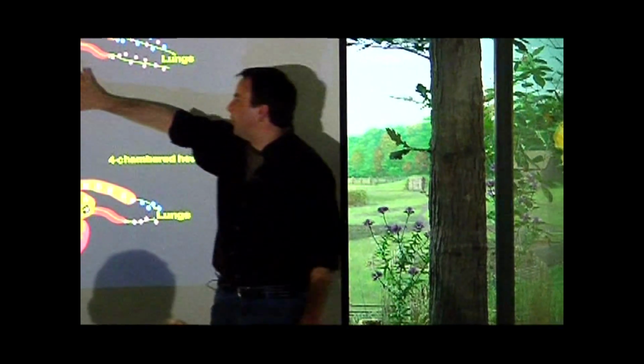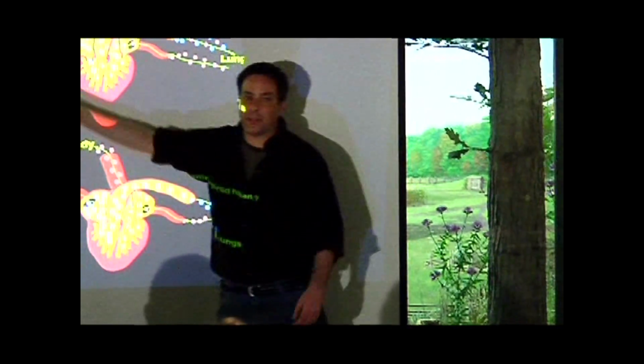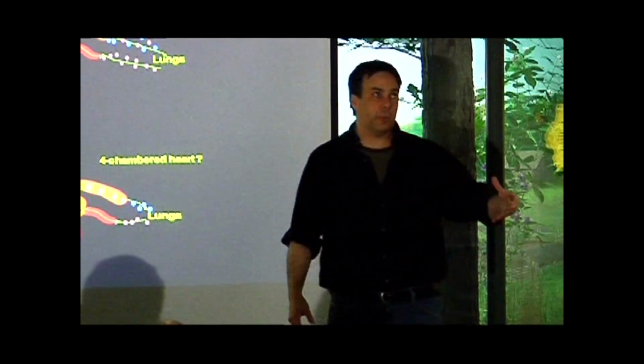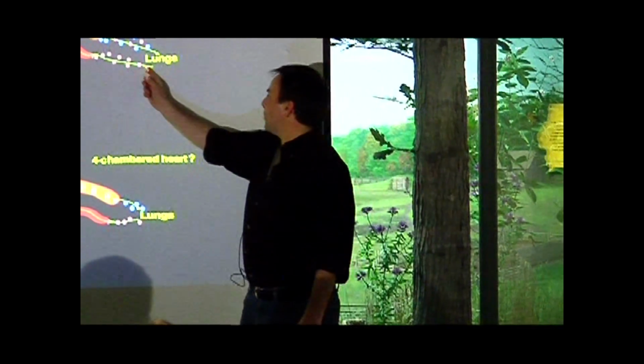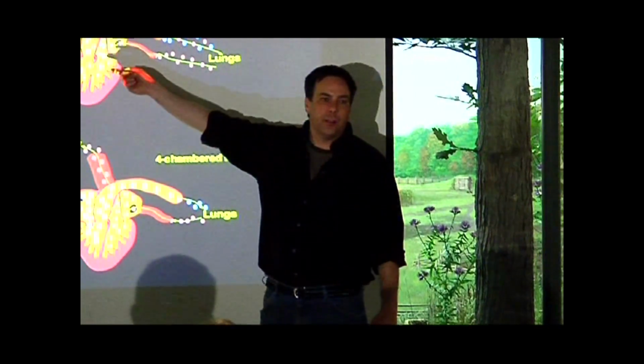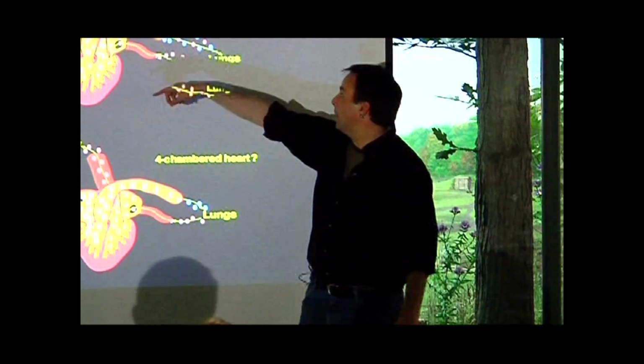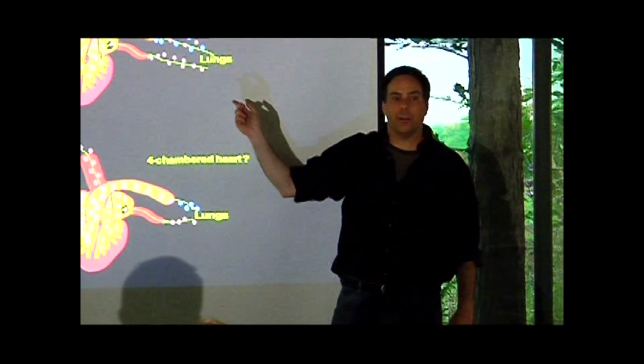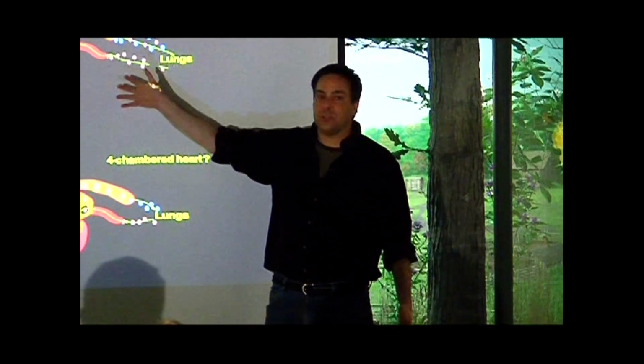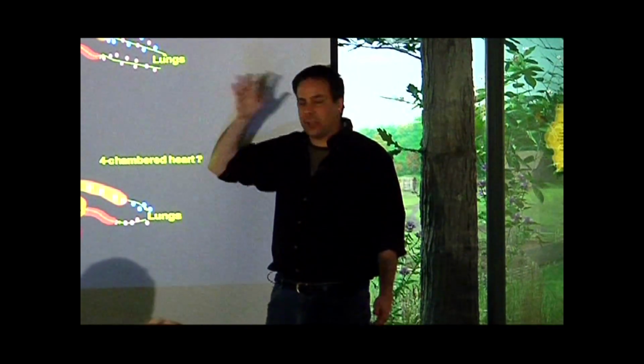The problem is there's only one ventricle, which means blood coming in from the body that's gotten rid of its oxygen, or at least some of its oxygen, is mixing with blood that's just come back from the lungs to get oxygen. And some of the blood that's being sent to the body has just come back from there. Some of the blood that's being sent to the lungs has just come back from there. It works. Many thousands of species do this, but it's not very efficient.